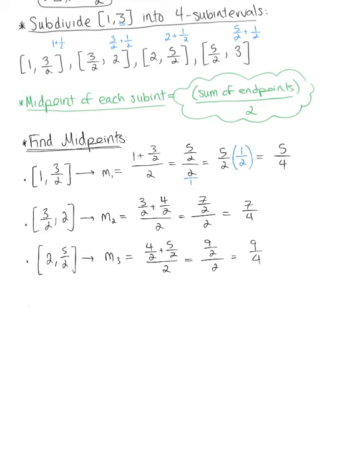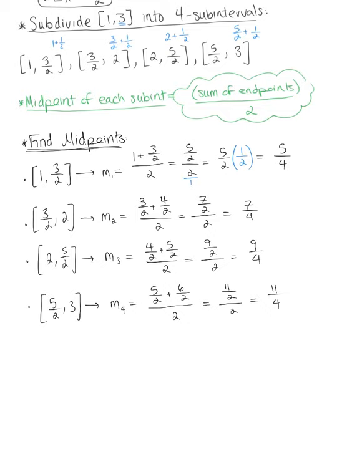And last but not least, our fourth and final subinterval, 5 halves to 3. We need that midpoint. So our fourth midpoint will be 5 halves plus 3, and we could think about 3 as 6 halves, all over 2. So we have 11 halves divided by 2, which leaves us with 11/4.